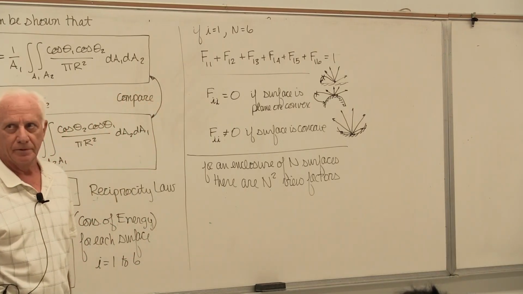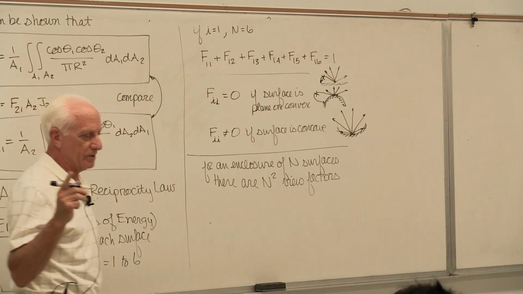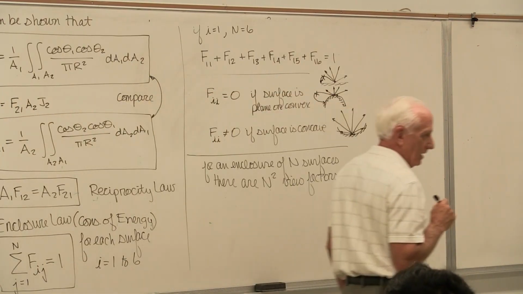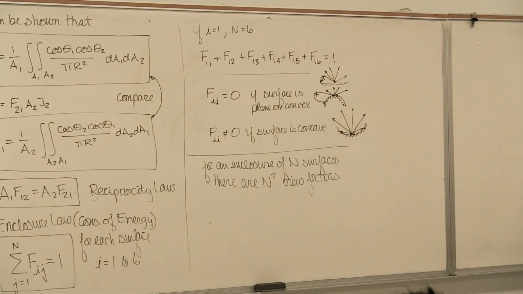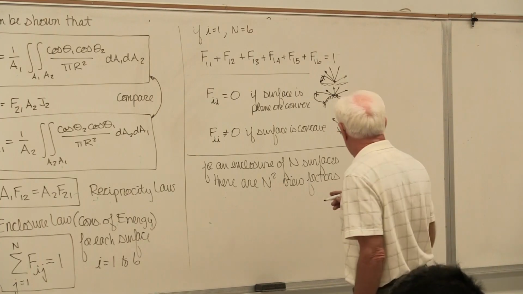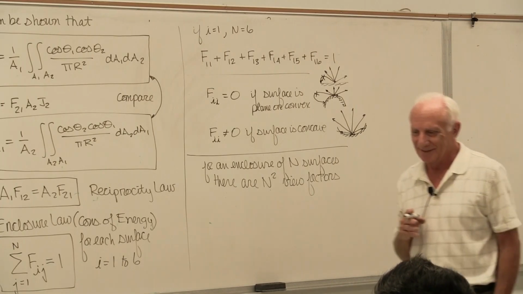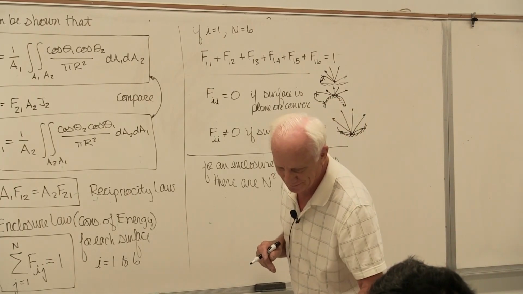In this room, there may be 6 surfaces. How many view factors? 6 squared, 36. F51, F43, F26, F14, F35. I mean, it goes on and on. Okay, 36 different view factors. Now, some view factors are simple to find and other ones are more complex. Let's take some simple ones first.